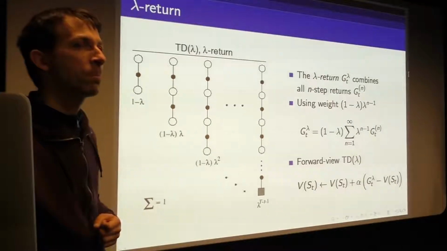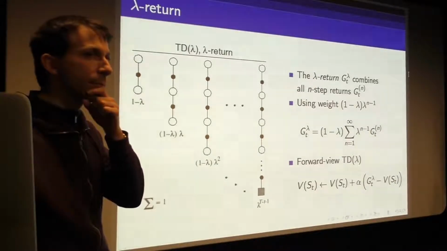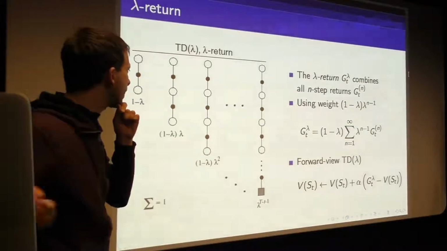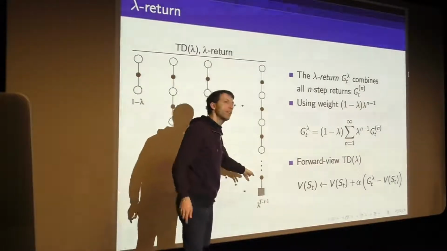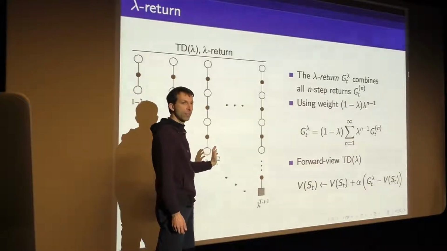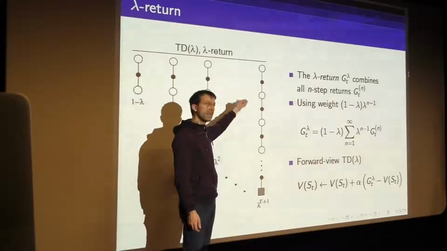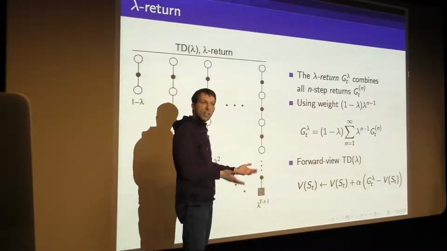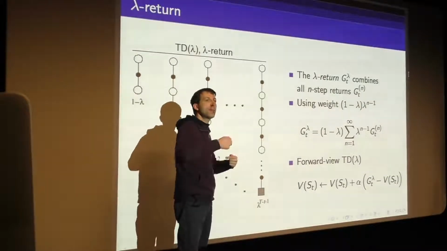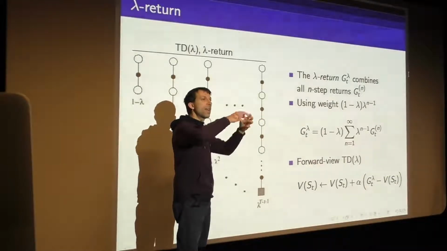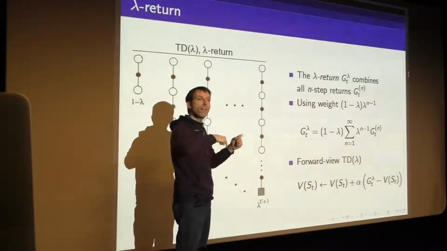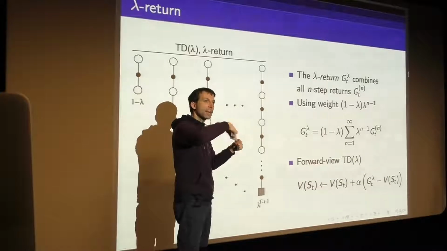Question: is it always the case that the last weight in this formula is smaller than the previous one? It's always the case until the final step, until the algorithm terminates, that the weights are getting less by a factor of lambda. The final weight actually can be larger. Think of it this way: you can take any episode that terminates and replace your terminating MDP by an MDP that goes on forever, staying in the same state and getting 0 reward again and again.